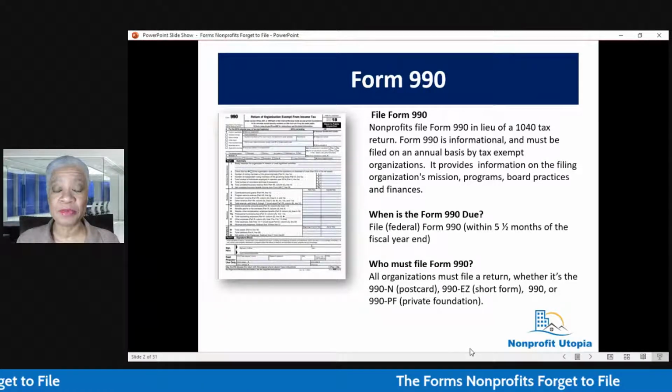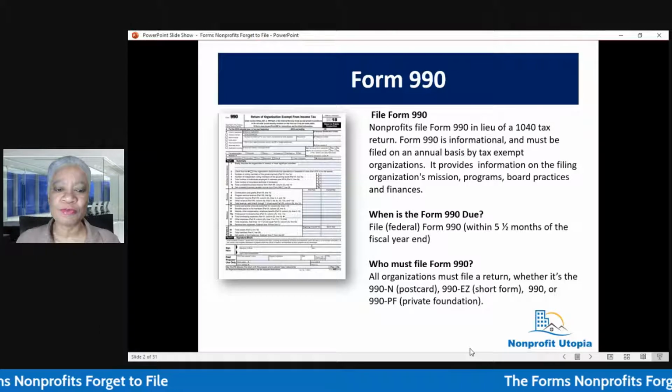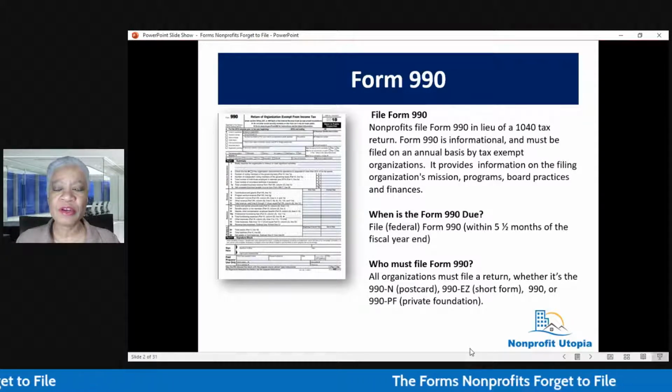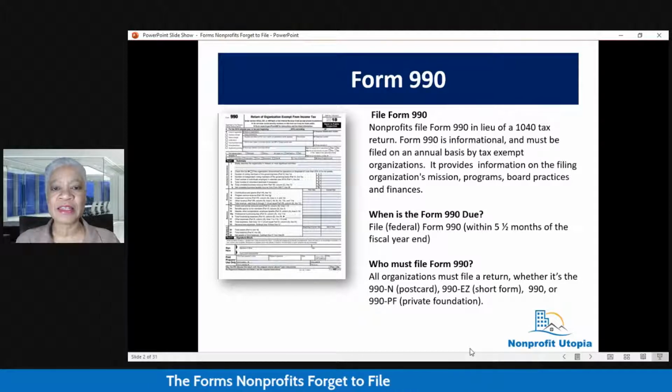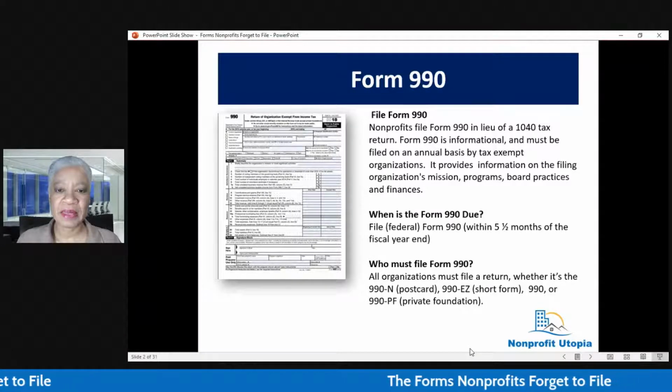And that's absolutely true. But your Form 990 is an information return, and you have to disclose information. So in return for getting your tax exempt status, nonprofit organizations are required to file more information with the public, and the public meaning the IRS.